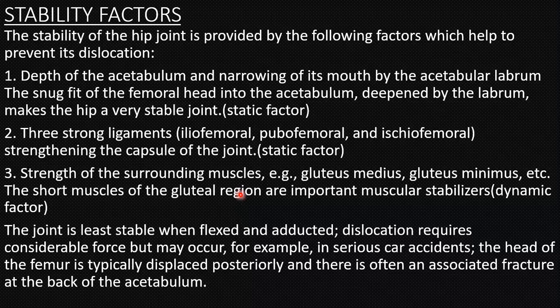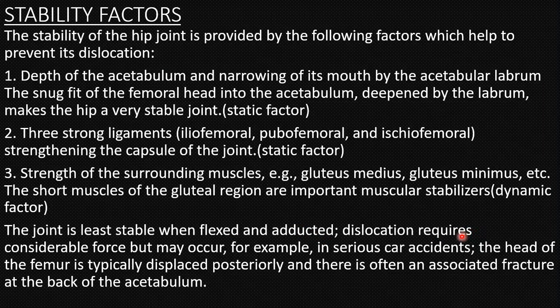So they are somewhat bringing the two bones together. They contribute to stability, but they are dynamic stability factors. Then the joint is least stable when the hip joint is flexed and adducted.